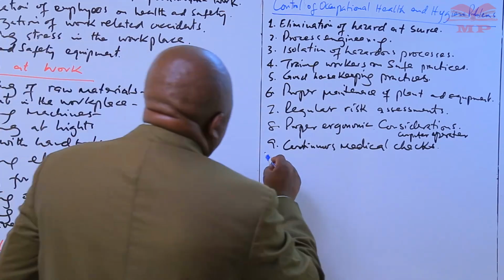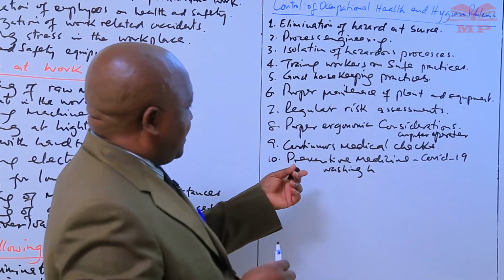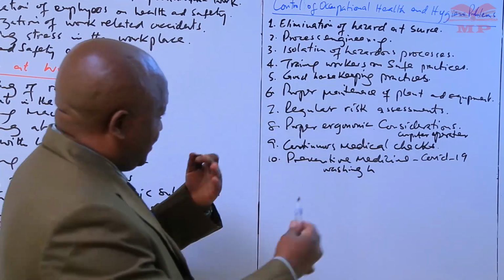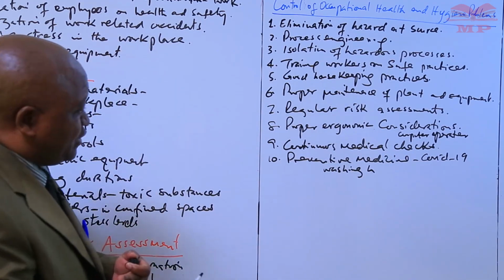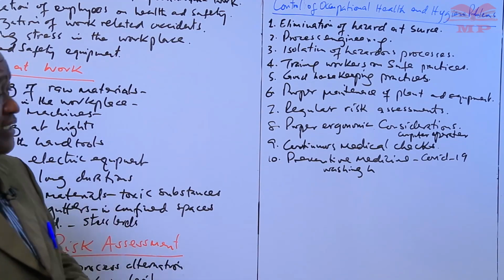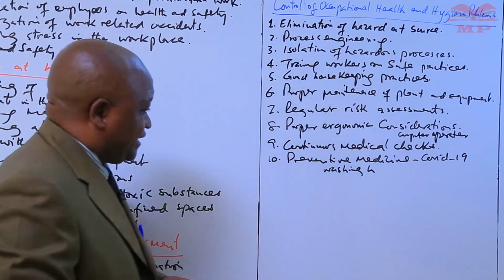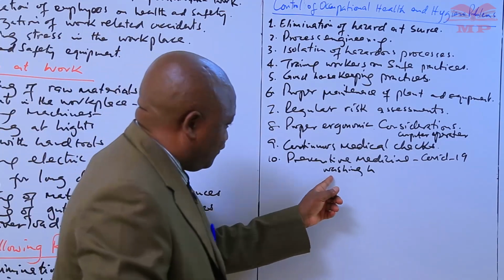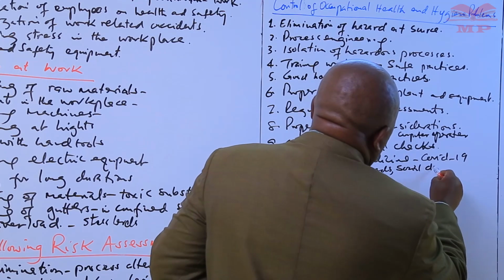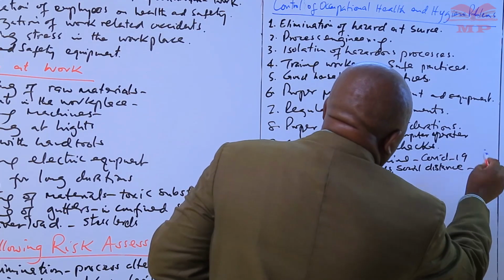Then you also have what you call preventive medicine. So, dear learner, as we have indicated, there is the element of continuous medical checks where employees are subjected to continuing medical checks in the work environment, and where maybe challenges are found, intervention measures are taken. And number 10, preventive medicine. For example, in the era of COVID-19, workers can be sensitized in terms of washing hands, social distance, issues of, say, avoiding crowds and so on.